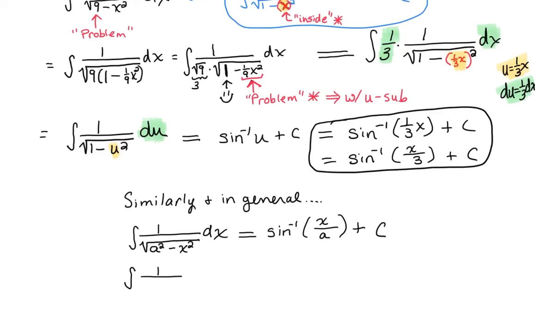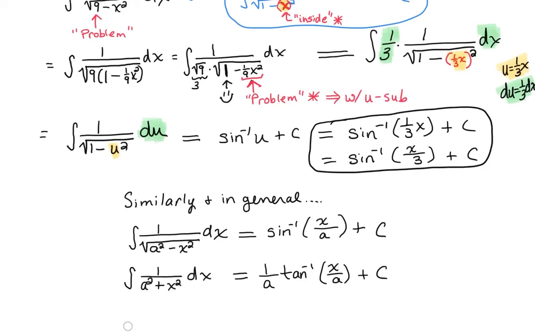So if you have 1 over a squared plus x squared. Now if it's just 1 over 1 plus x squared, that's one of our quick straightaway, that's the arctan of x. But if there's an a squared, we would go through a similar process as what we did up above. And this time, when you would be done, you would end up with 1 over a of tan inverse of x over a plus c.